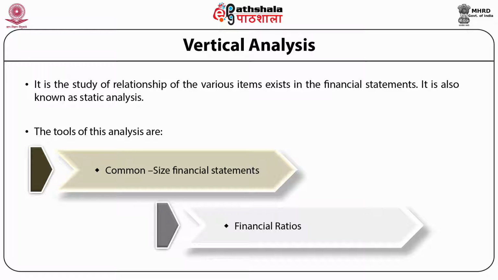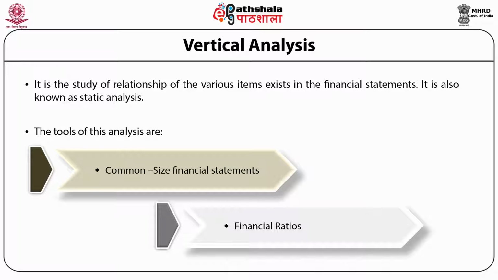For example, individual items appearing on the income statement can be expressed as percentages of sales. On the balance sheet, individual assets can be expressed as a percentage of total assets.